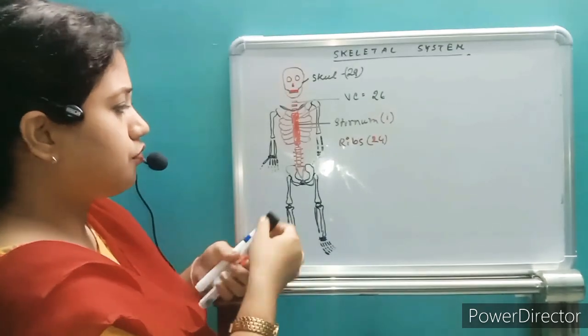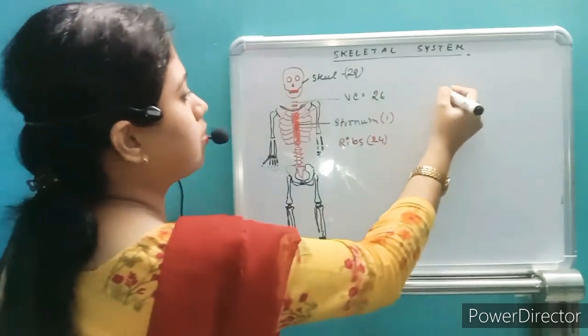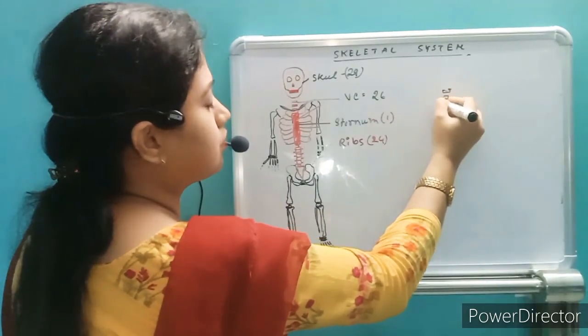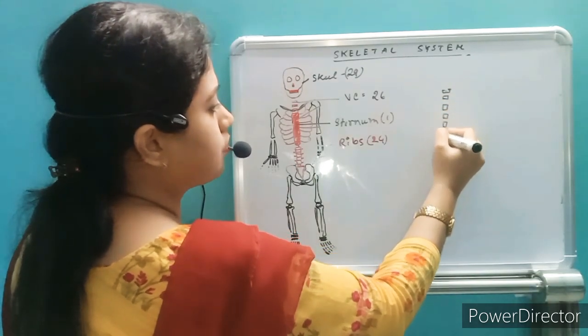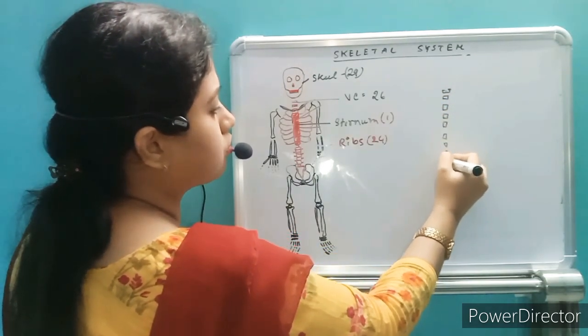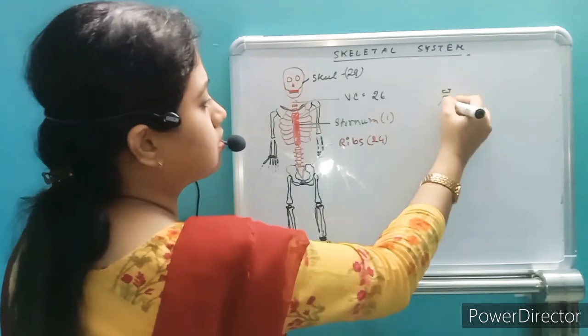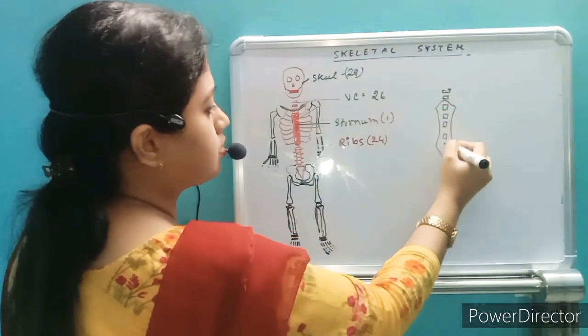Just see. First of all, one thing to remember: on the back side what do we have? The vertebral column. So this is the vertebral column, and on the front what do we have? The sternum. So this is the sternum, suppose.